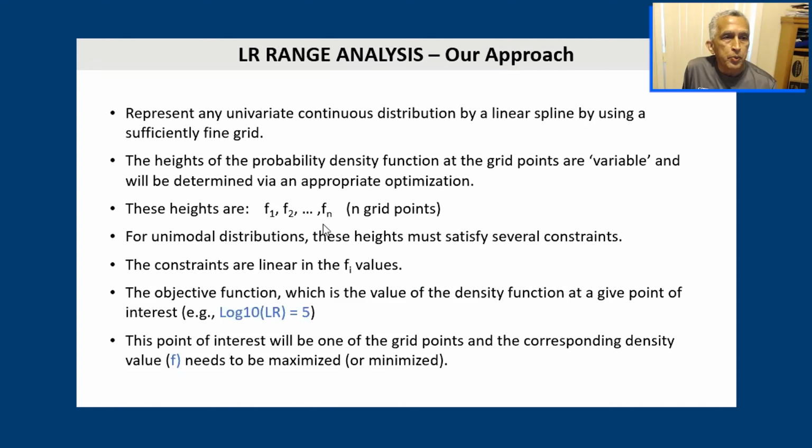For unimodal distributions, these Fs should satisfy many constraints. Fortunately, these are constraints that are linear in the unknowns. And the objective function would be the value of the density function at the point of interest. In this case, it could be log LR of 5. We would be interested in the maximum achievable density value as well as the minimum achievable density value while remaining unimodal and while remaining within the KS band.